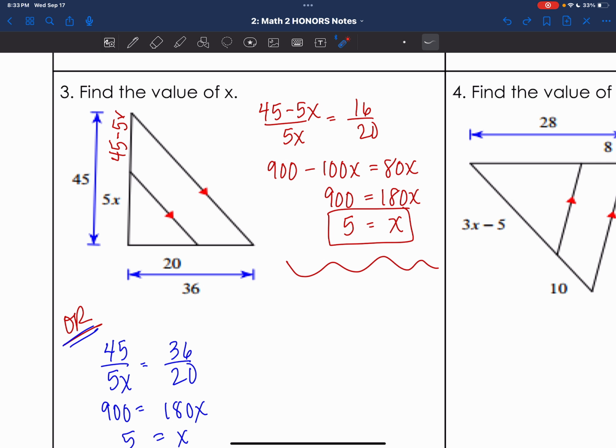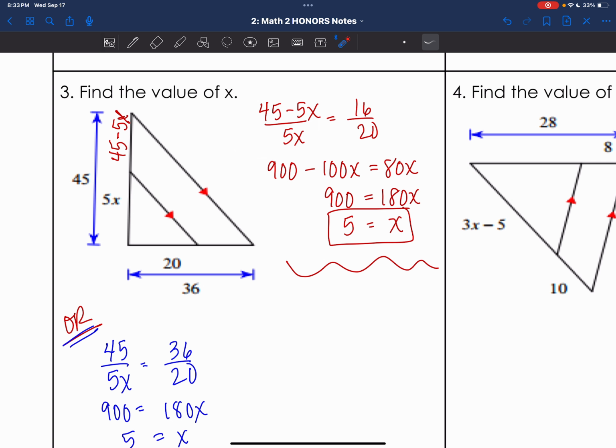So if you notice here, it only gave you the total length. So to get this part right here, I took the total minus 5x, and I put that there. So again, you're going to set up a proportion with this side and this side.